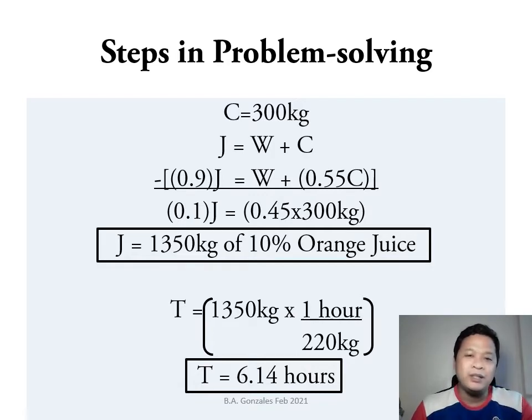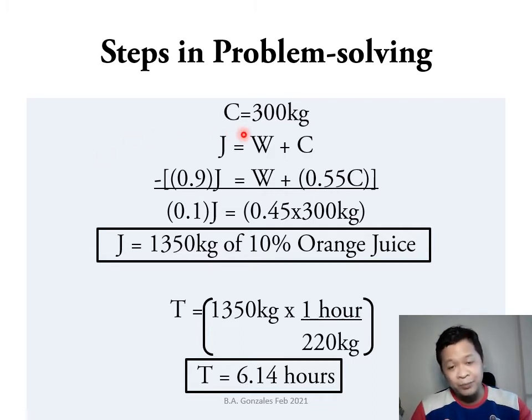Okay. So, ngayon, nakita natin kanina, we already did a water balance. And then we chose our basis na we need 300 kilograms of concentrate as finished product. So, based on that, we will compute how many hours will I need to run the equipment so that I can get my product of 300 kilograms of concentrated juice.